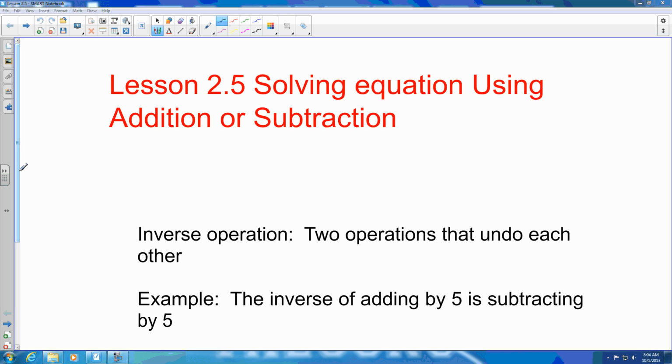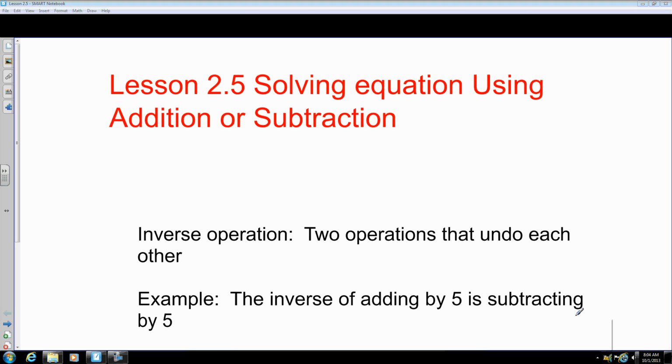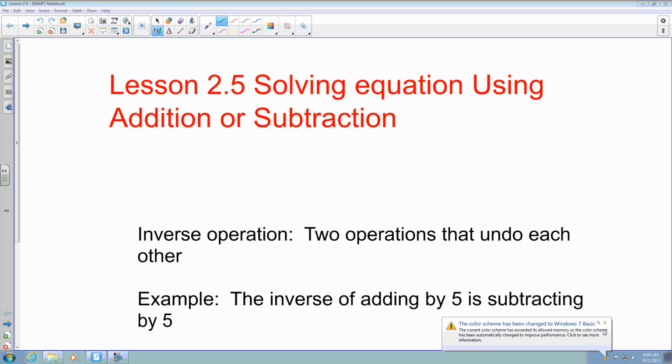In the section prior to this, 2.4, we talked a little bit about this, where we were given an equation with a variable, and what we wanted to do was solve the equation by determining which value that variable was.